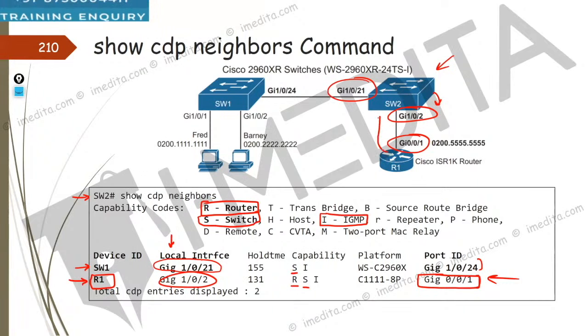This is informed by R1 when it sends CDP messages to switch 2. Similarly, it knows that switch 2 is connected to switch 1 on gig 1/0/24. It also knows about the platform. So which switch model, which router model, that information is also told by show CDP neighbors. So you can guess that there's a significant amount of information that is displayed with CDP.